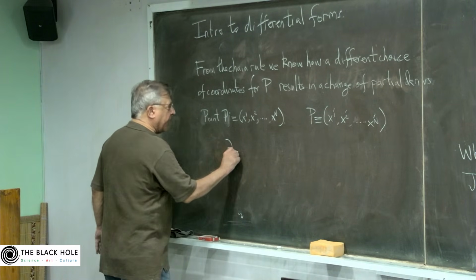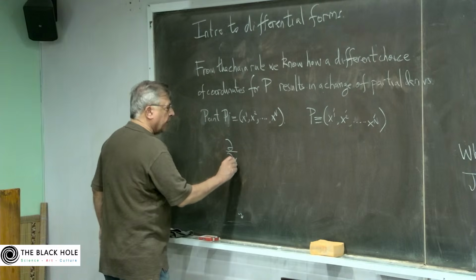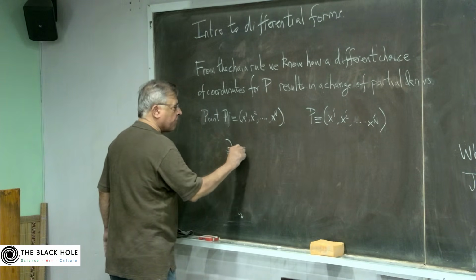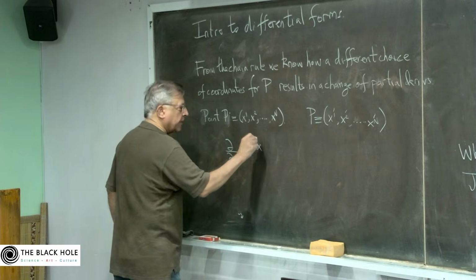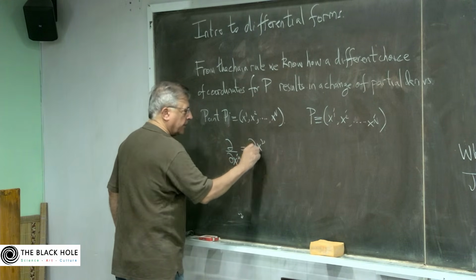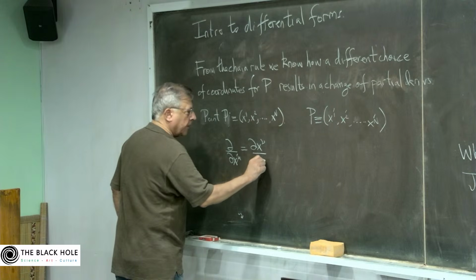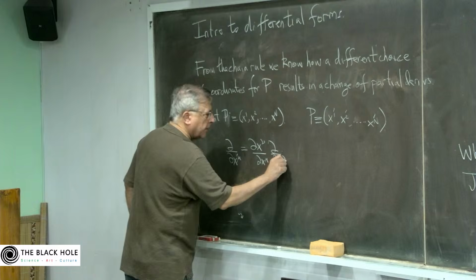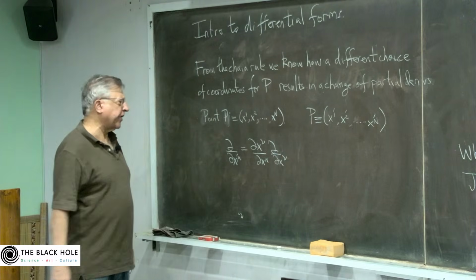Well, suppose I do make that change, then d by d x mu prime is, that's the chain rule.